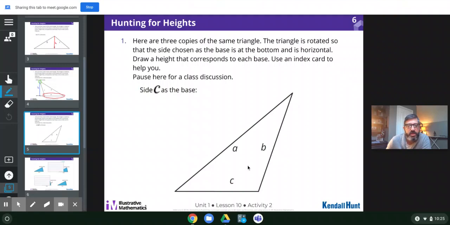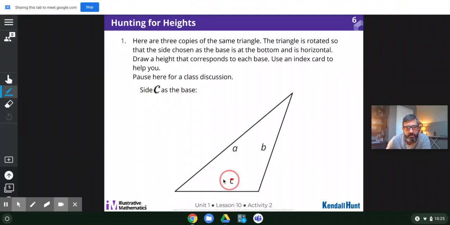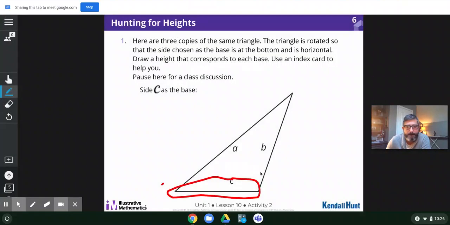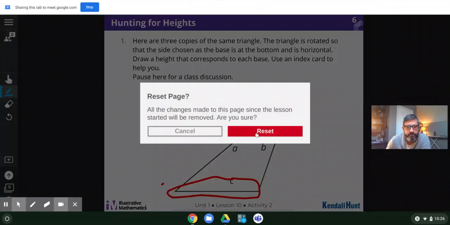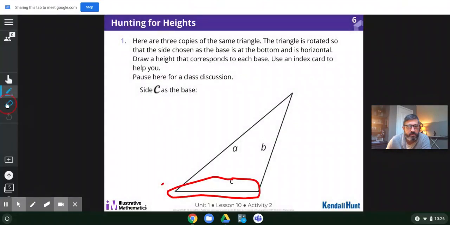All right, so here's another one. We've got our base C down here. All right, let me start over. It's not a very good drawing. I'm going to have to erase it.